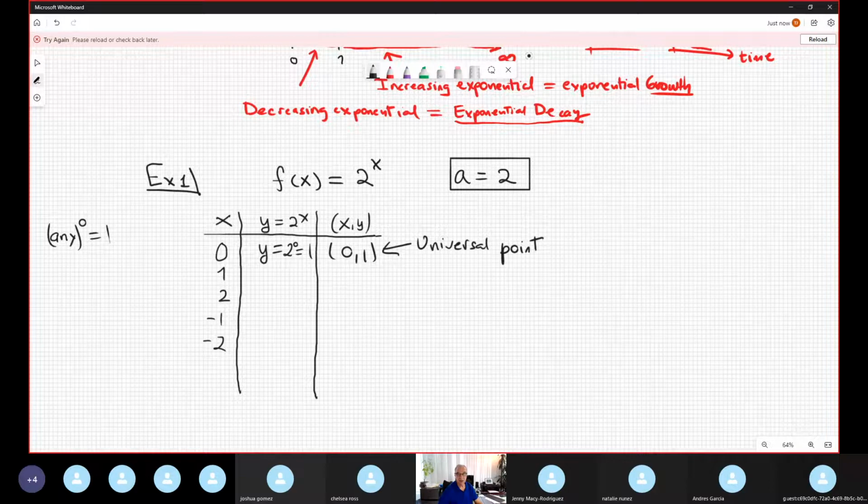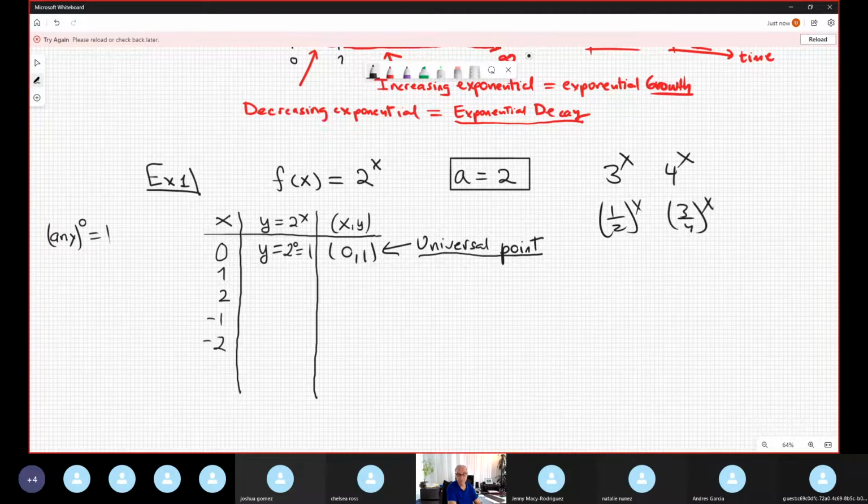It doesn't matter que es 3 to the x, 4 to the x, 1/2 to the x, 3/4 to the x. When you raise to the 0 power, the answer is 1, and this is a universal point. And in the test, one important question is, do the graph of the exponential. Now you see that 1 point is always 0, 1.